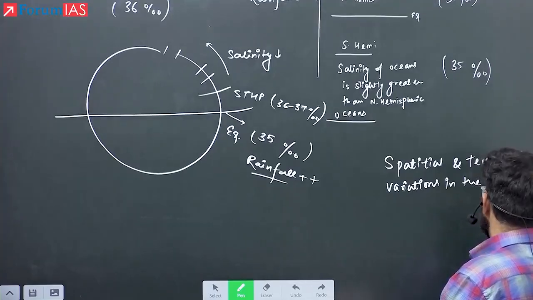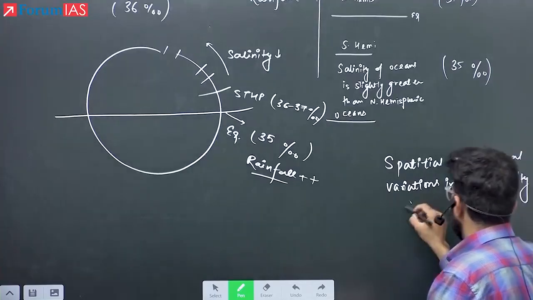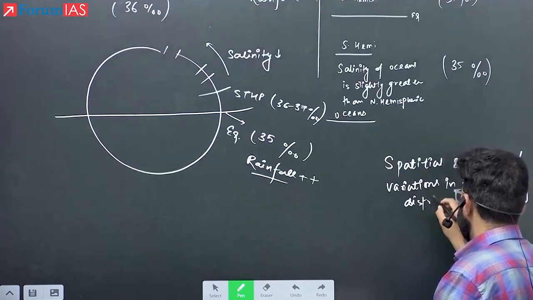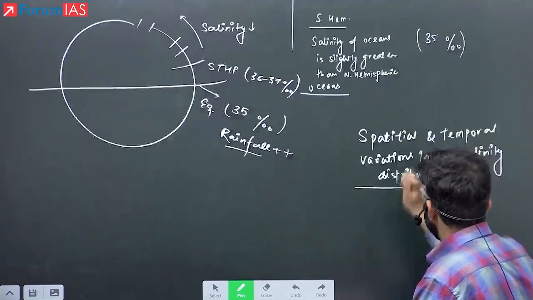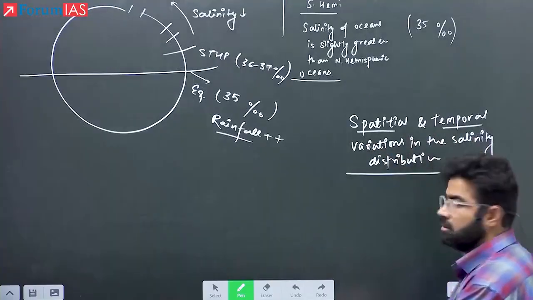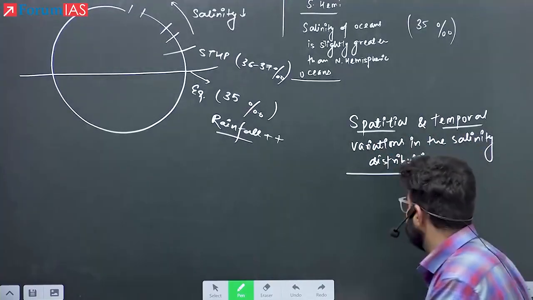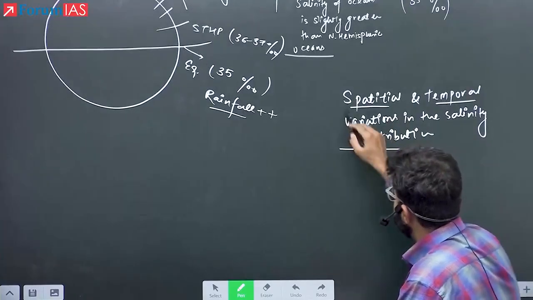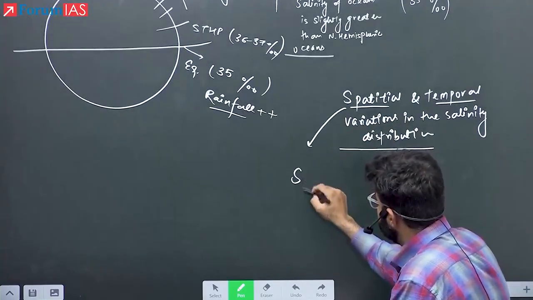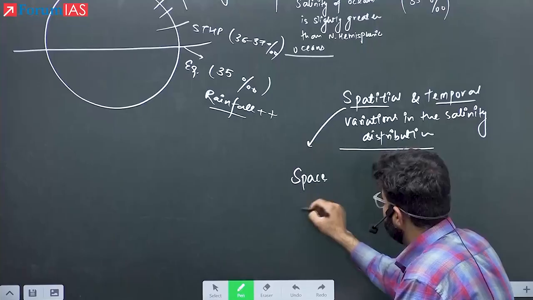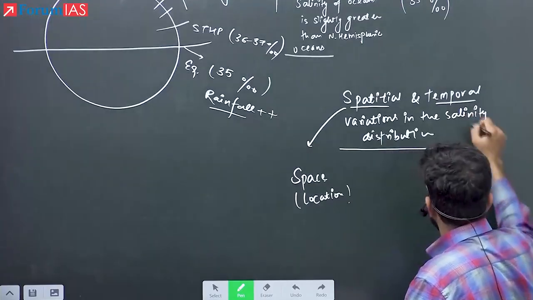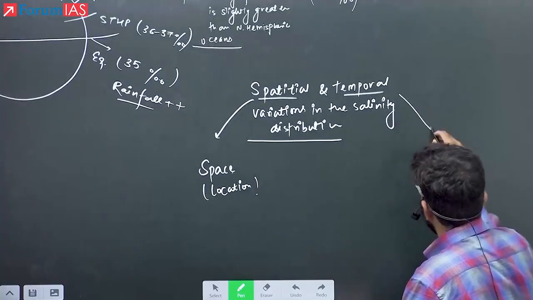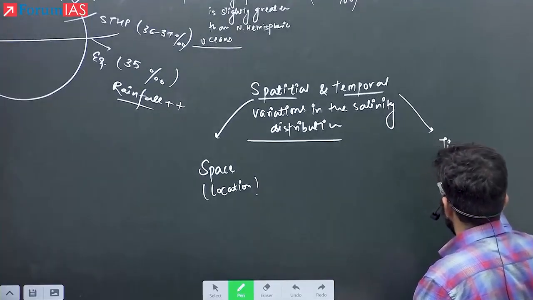Temporal and spatial variations are found in the distribution of water. What is spatial? It is related to space, or location. The second is temporal, meaning it is related to time.